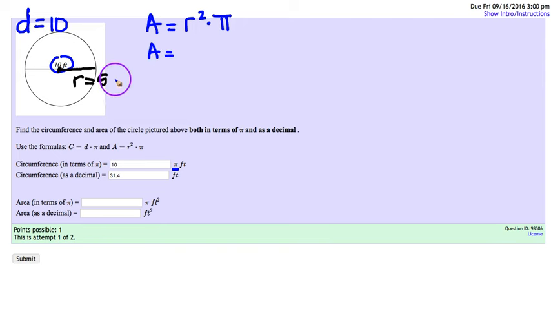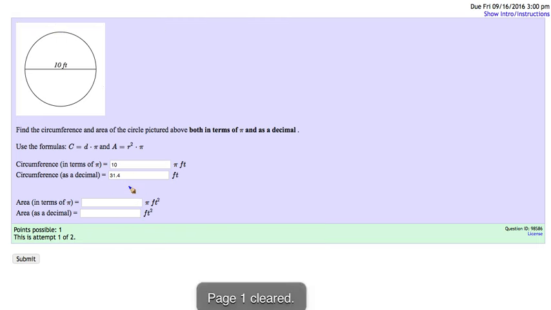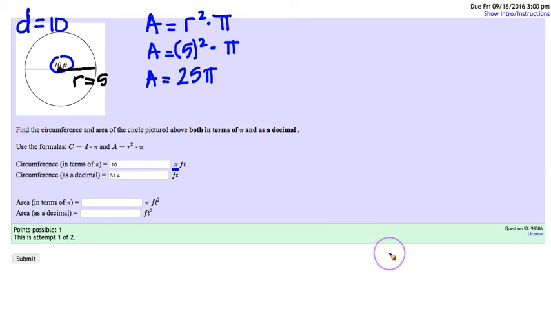Area equals, instead of R, I'm going to replace it with 5 squared times pi. So here I'm going to get area equals 5 squared is 25. 25 times pi is 25 pi. So I'm going to go ahead and type that in for my answer. So again, since pi was already given to me, all I need to write down is 25.